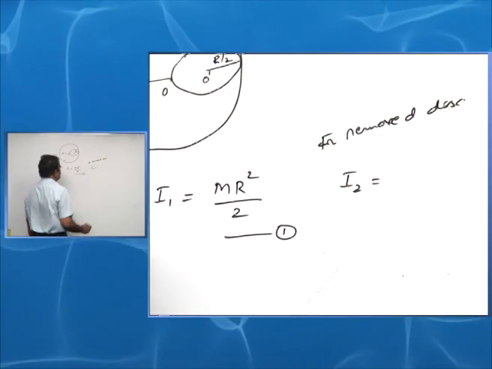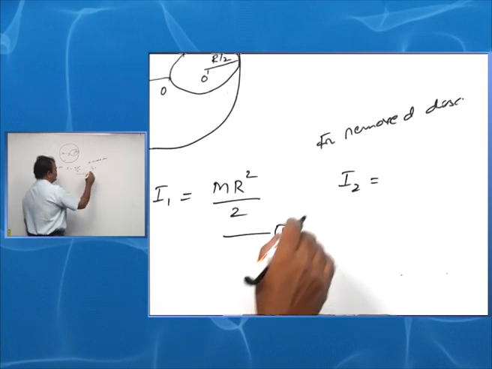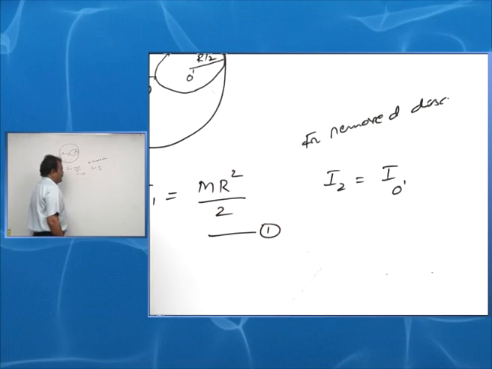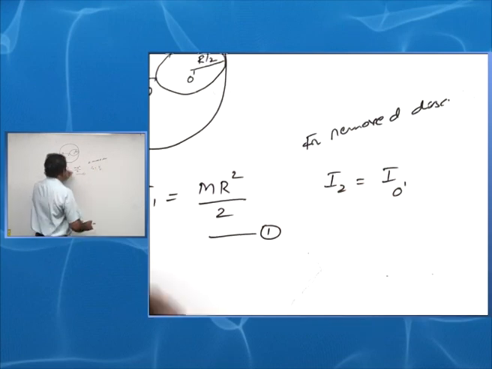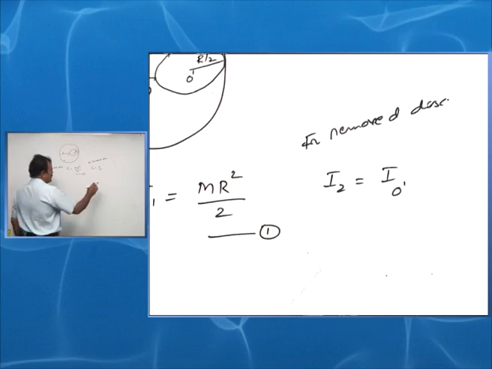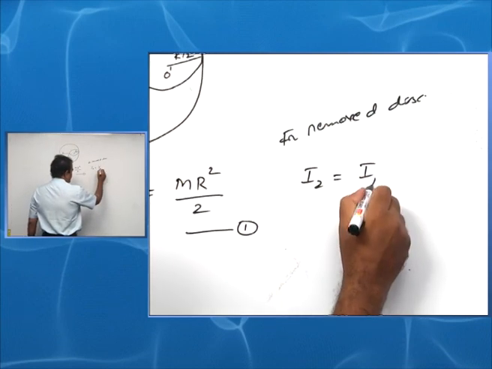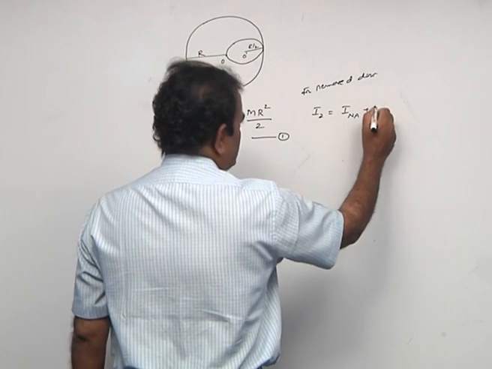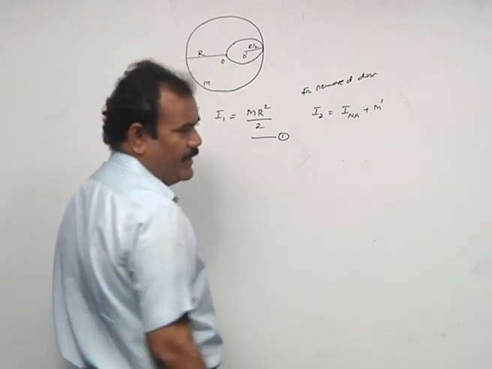Here I2 is equal to IO dash, the moment of inertia about its own natural axis, that is INA, plus, for this the mass cannot be m, it will be m dash.